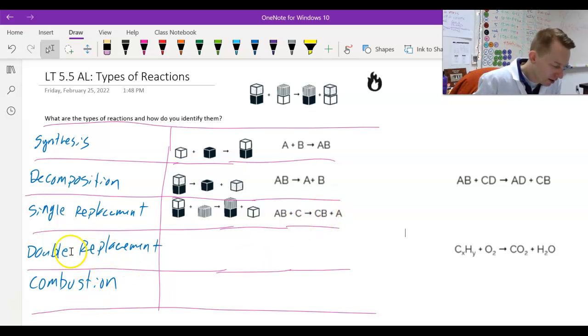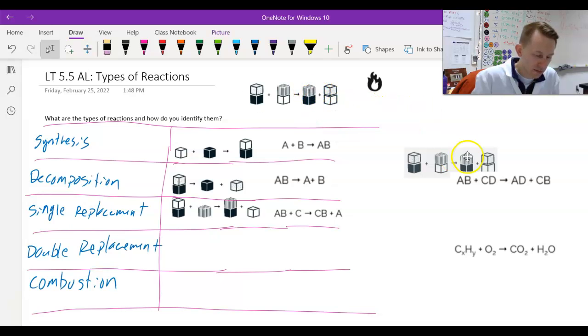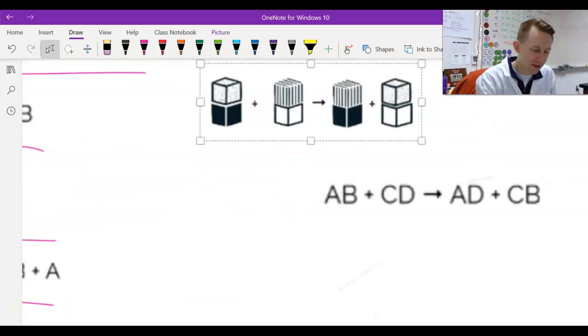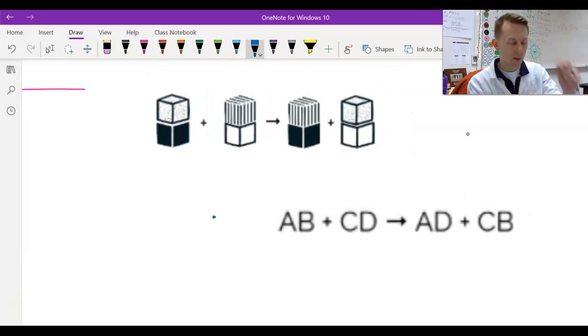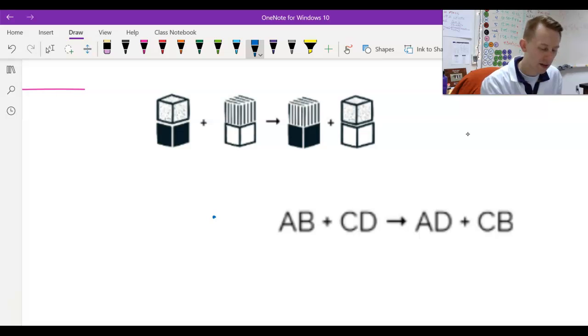And then lastly, not lastly, but close to lastly, we got double replacement. So that's this right here. So it's a replacement because, well, same idea as single replacement, you just have two things that are happening. So it's still just one swap, but there's not something over by itself or single. So let's see, these two are the ones that swap this time.